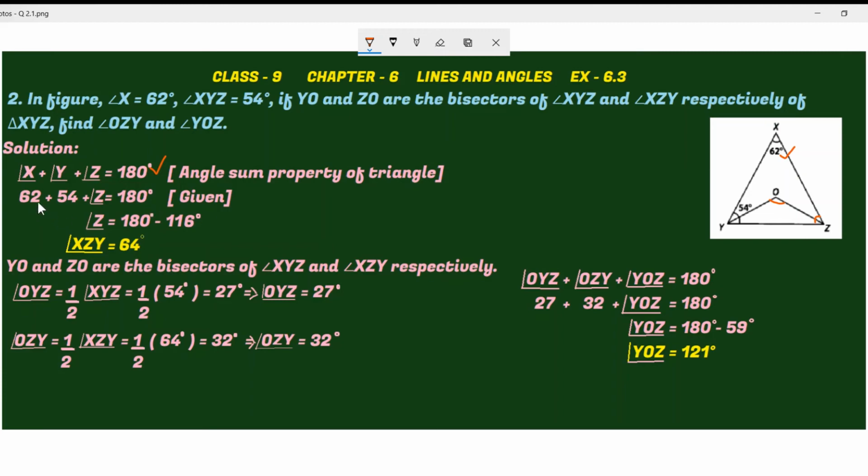Then I add these two and bring it to the other side of the equation, and it becomes negative 116. Now angle Z is equal to 180 minus 116. If you subtract these two, you get angle Z, which is 64 degrees. Angle XZY is 64 degrees. This whole angle is 64 degrees.